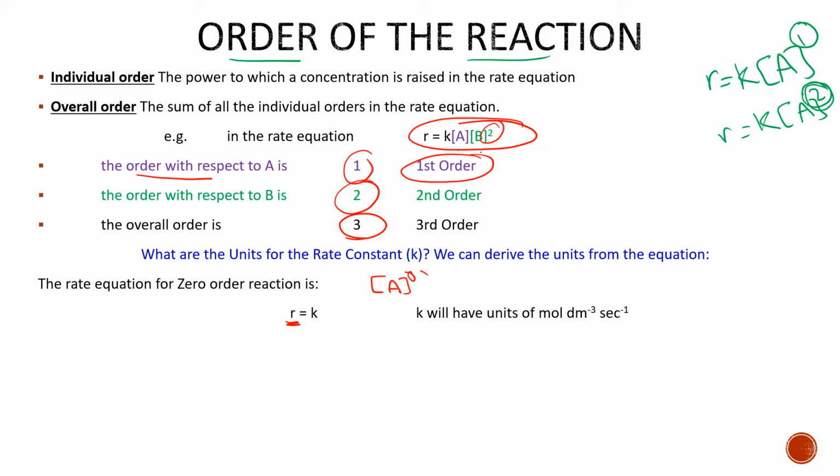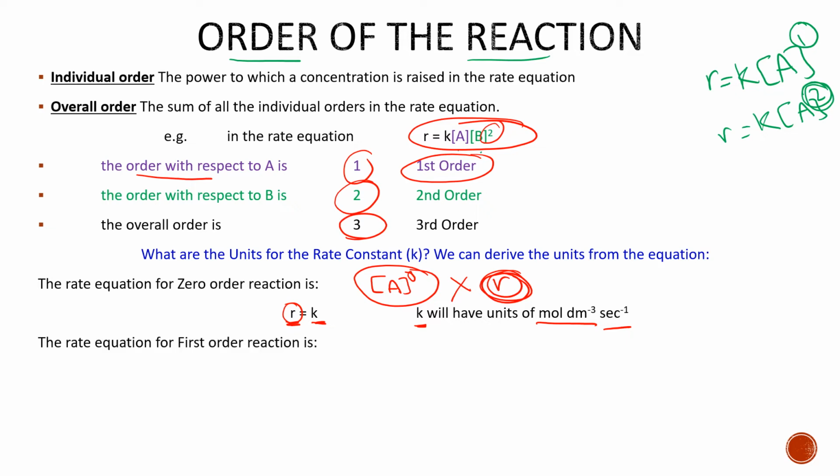So changing the concentration of A will never affect the rate. Doubling the concentration of A is not affecting the rate. So R is equal to K. What is the unit of K? Of course, it will have the units of the rate, which is concentration per time.